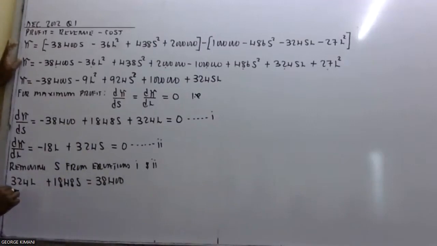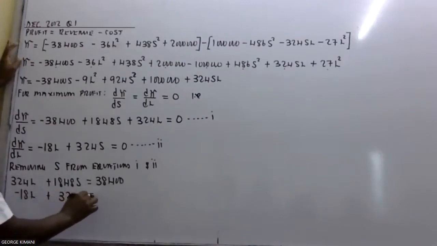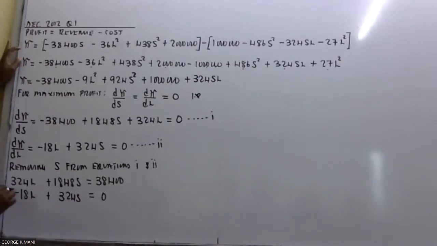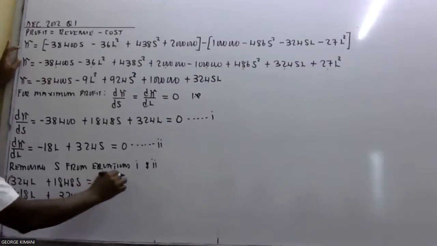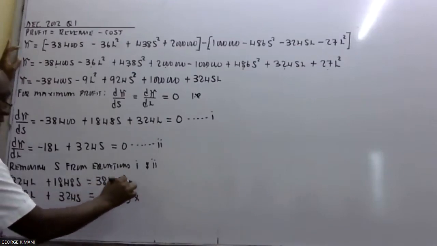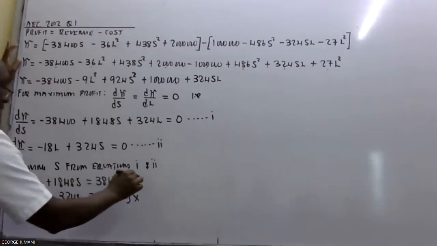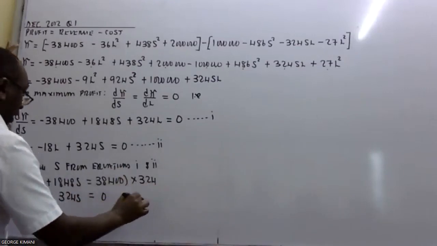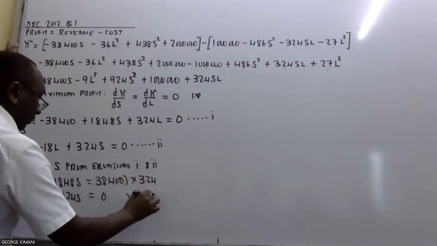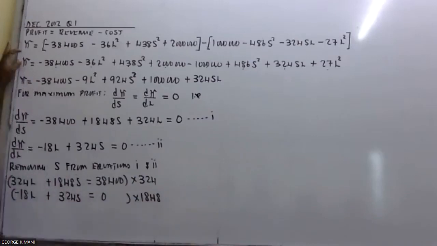If yes, then this other one is minus 18L plus 324S is equal to 0. Now that we are removing S, we must multiply here by 324, and here we multiply by 1848, the opposite coefficients.